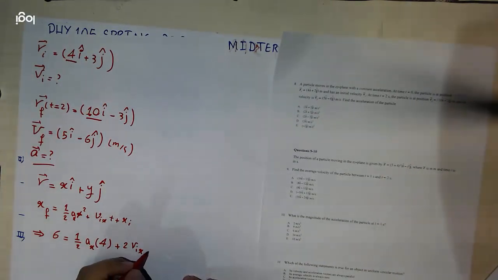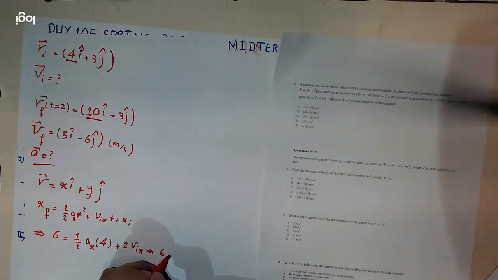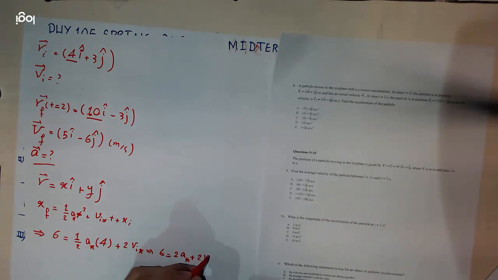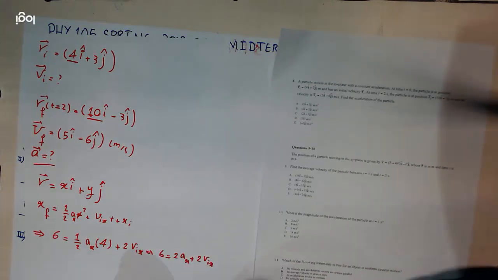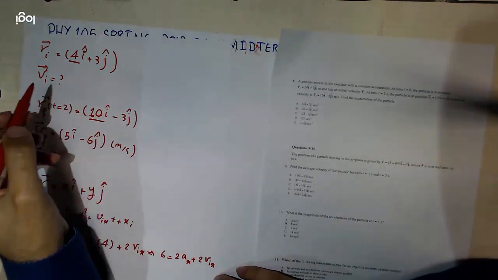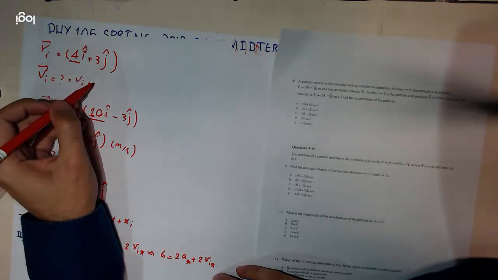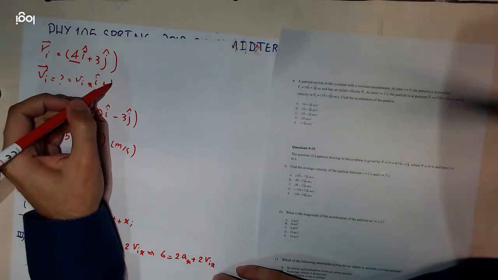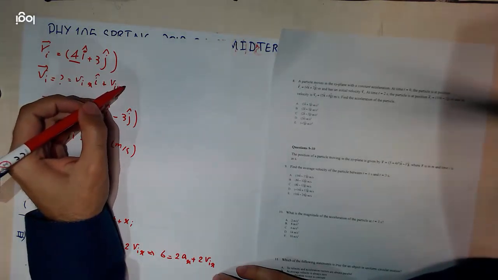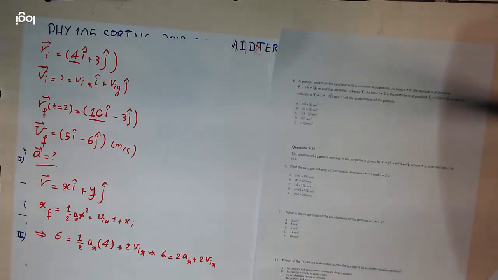From this part we have the equation that tells us 6 is equal to 2 a x plus 2 V initial x. And also, don't forget that V initial is equal to V initial x i hat plus V initial y j hat.